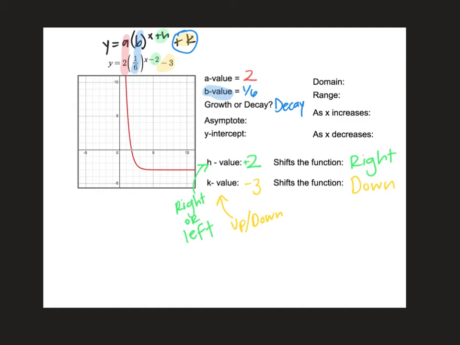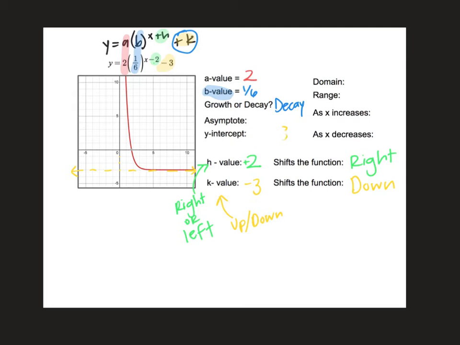Let's actually do that in yellow so it goes together. y equals -3. And if I notice my graph, if I go down 1, 2, 3, and I draw my little dotted line in, notice it looks like your graph gets close to that line and it never stops. Technically, it gets closer and closer and closer and never actually meets that line, but because we're looking at this graph, that'll be your asymptote.